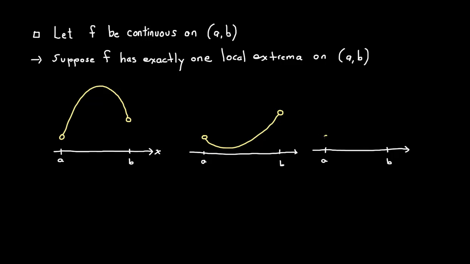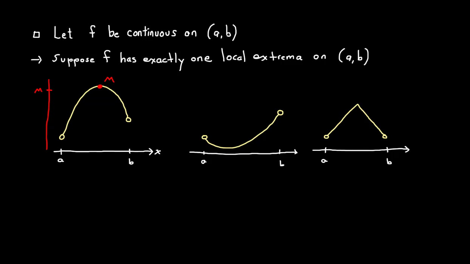In the final diagram, I want to show you that my analysis is going to be true even if it's not differentiable. So we have, let's say, some corner. Now, before we state the conclusion to this analysis or theorem, I'm going to come over here and locate that local maximum, and I'm going to label the local maximum m. So that's on the y scale, that value is m.